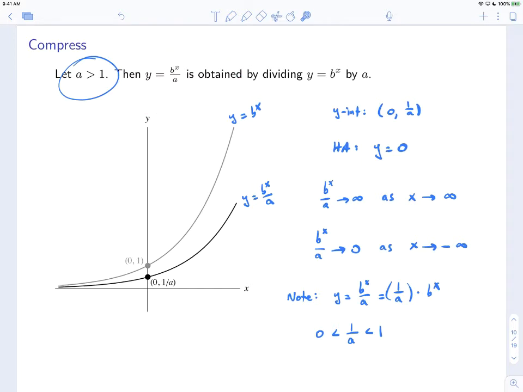Multiplying by a number between 0 and 1 is the same as dividing by a where a is greater than 1, because you can always take this division by a, so b to the x divided by a, and rewrite that as multiplying by 1 over a. So the case where you're dividing by an a greater than 1 is the same as multiplying by 1 over a, where 1 over a is between 0 and 1. So in other words, it's the same as multiplying by some number which is between 0 and 1.